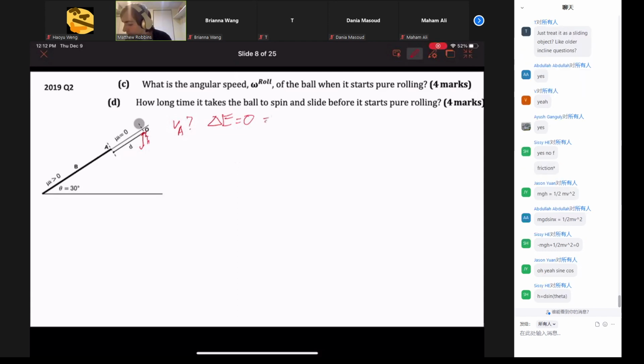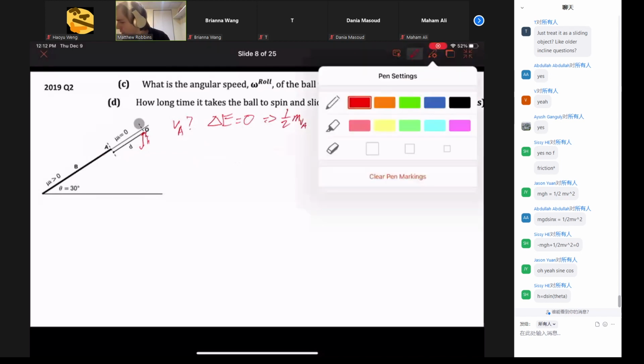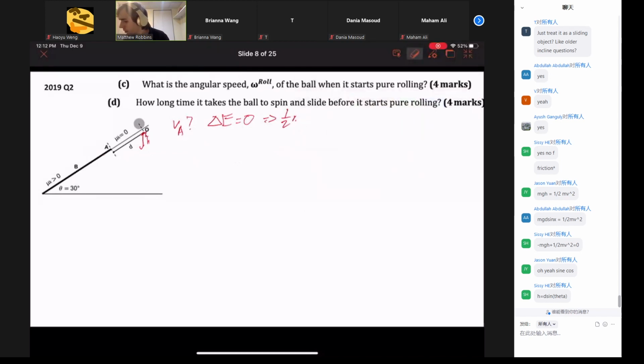Essentially we have half m vA squared is equal to mgh, meaning we know what our velocity at point A is going to be.